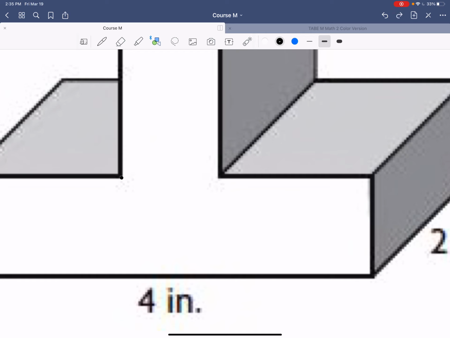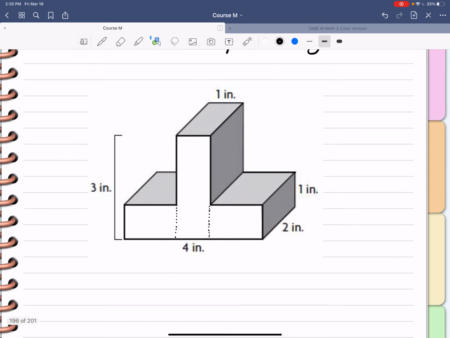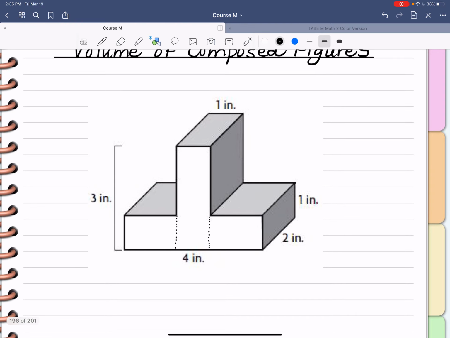Or you could draw it this way. It makes more sense to me to draw it the first way because, for one thing, I only have to draw one imaginary line. And that's usually a good rule of thumb if you can get away with just one. So I'm going to put it right there.